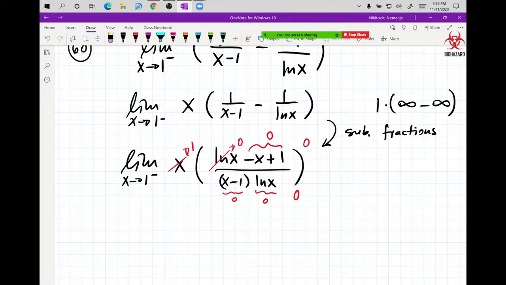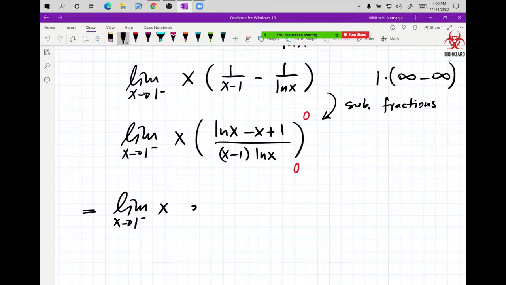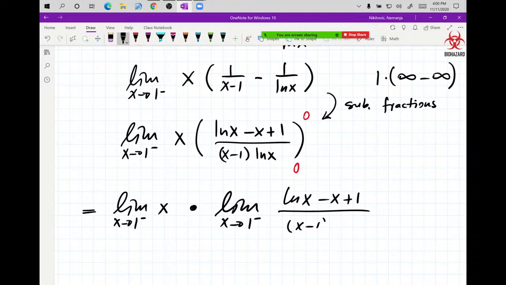Okay. Oh, we can also invoke the rule. Now I can get rid of all of this red stuff. We can also invoke the rule on multiplication of limits, if you studied the rules at all, where you can make this separated from the limit of this. That's another cool thing that you can do.